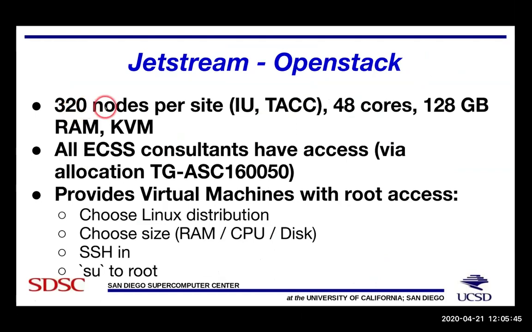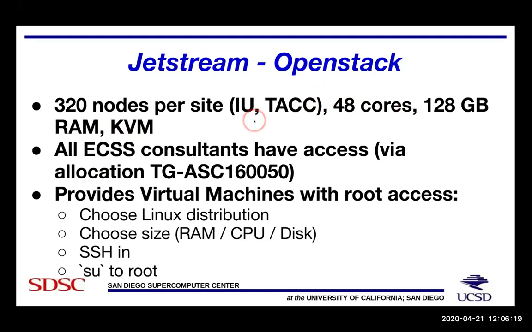Hardware-wise, it's 320 nodes per site, and it's 2 sites, one at Indiana University, which is the one that we always use because it has a newer version of the OpenStack software. Each node has 48 cores and 120 gigabytes, and has KVM, a hypervisor that gives you the possibility of running multiple virtual machines on each of those nodes.